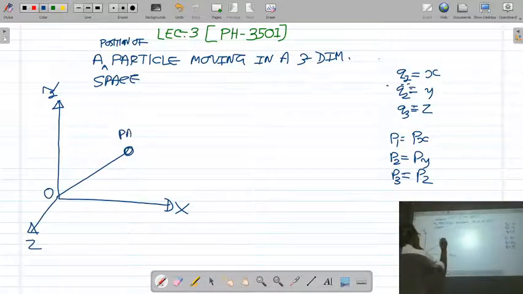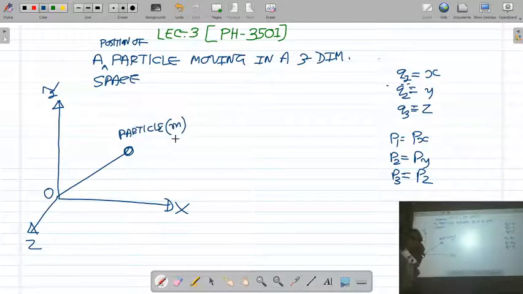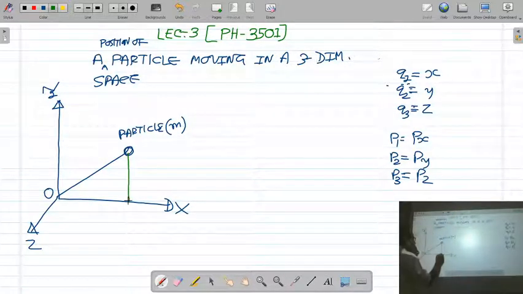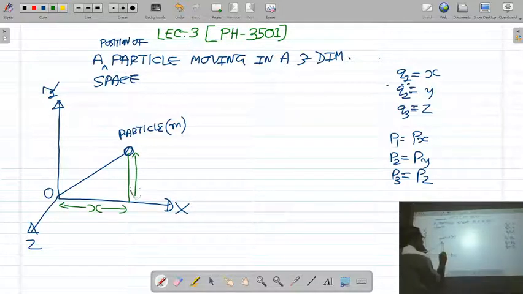This is the particle of mass m. This particle has three coordinates. This is the x coordinate of the particle, this is the y coordinate of the particle, and in the z direction its coordinate will be z.